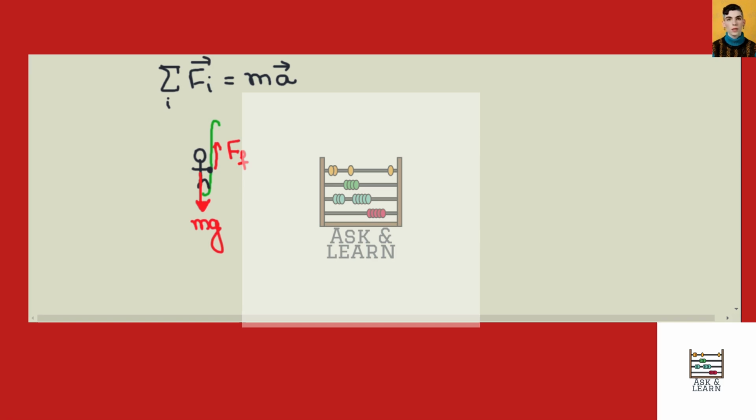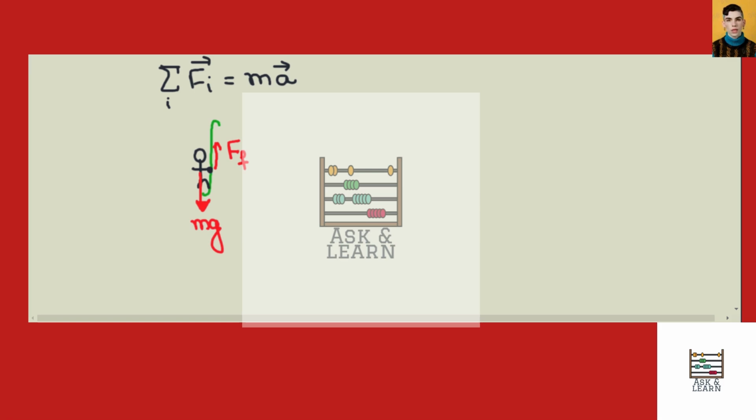So for the climber to be able to move up, the friction force that the rope exerts on his hand must be greater than the gravitational force that the earth exerts over his body.